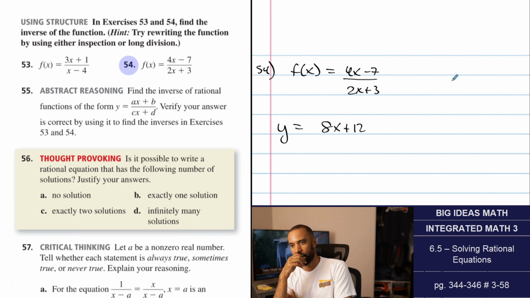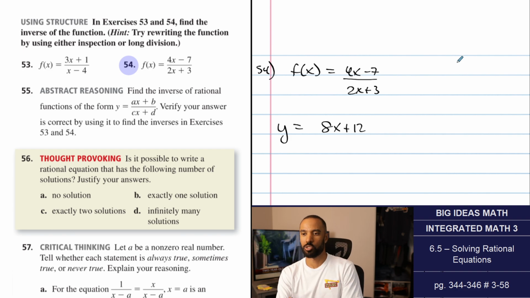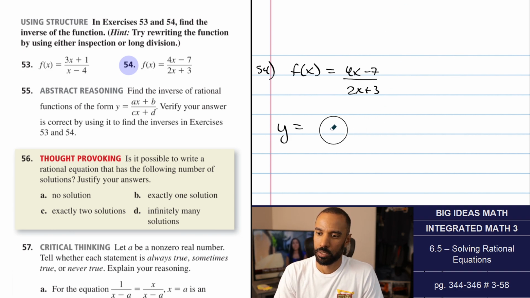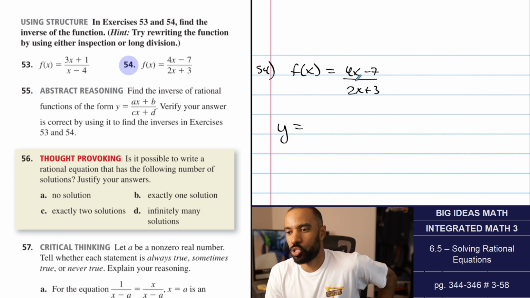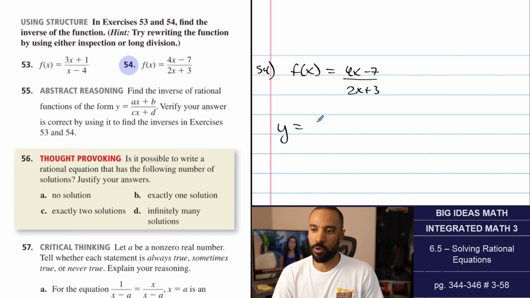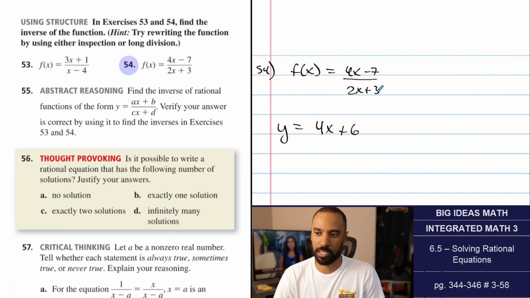No, you want... I don't need to make it that big. I could multiply 2 with 2x plus 3 to get 4x plus 6. That's fine. Now we'll do minus, see, this inspection's harder.